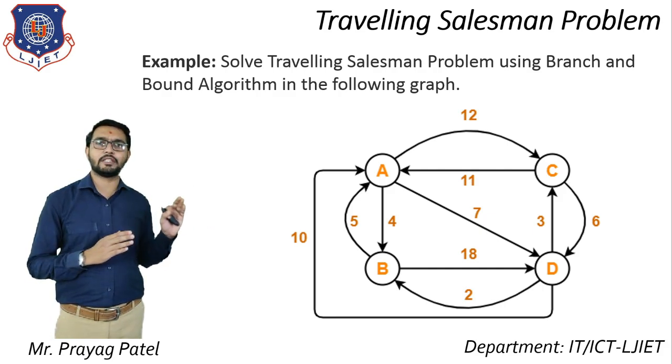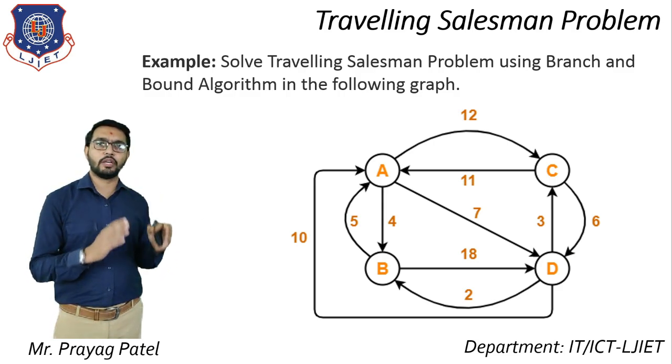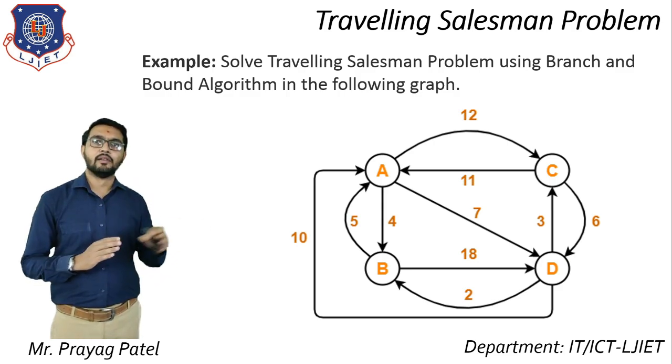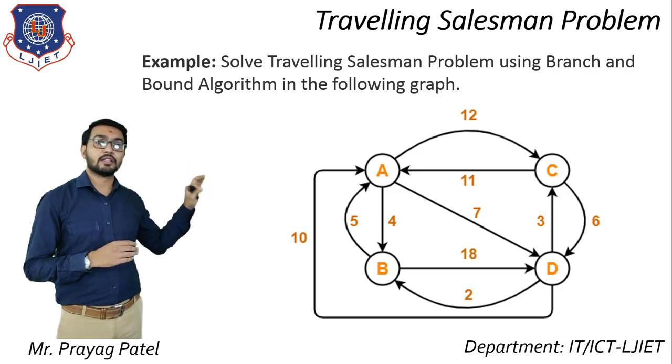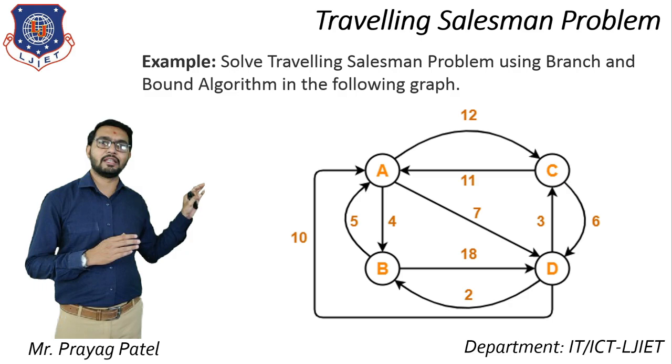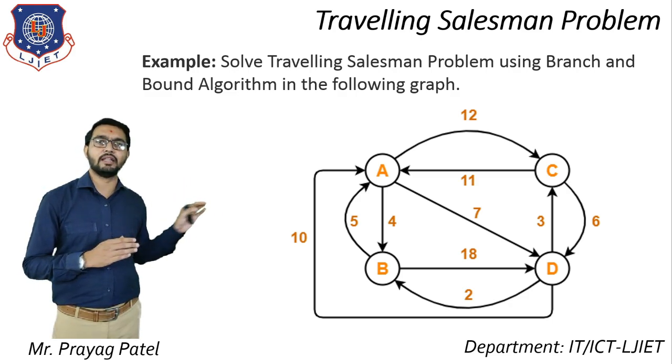After visiting every city, you move back to your original node, node A. Consider this figure for your example, a directed graph where the edge weights are given.